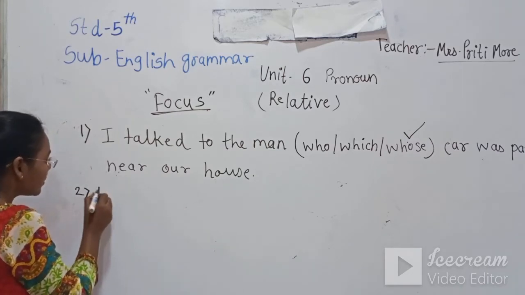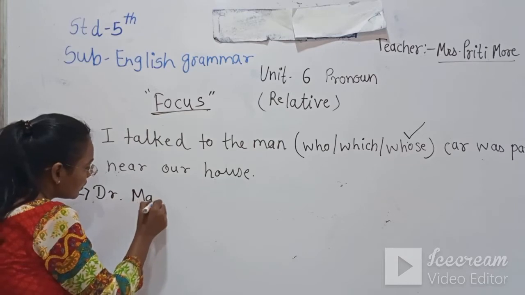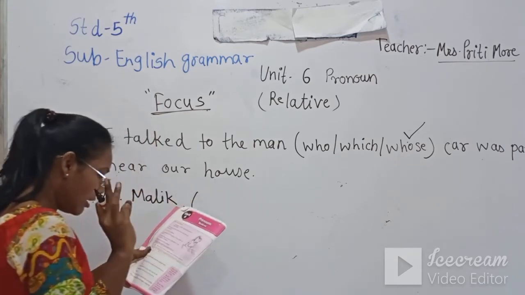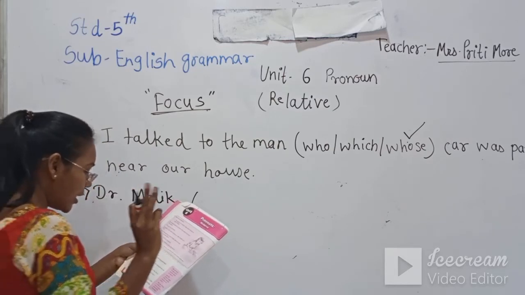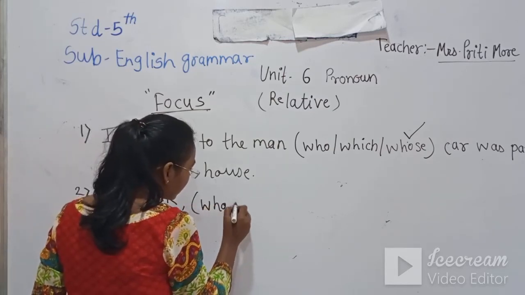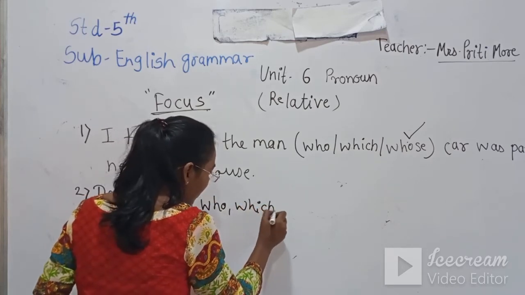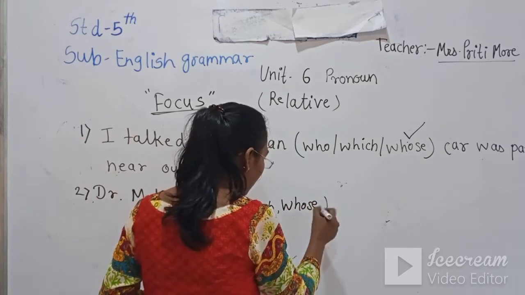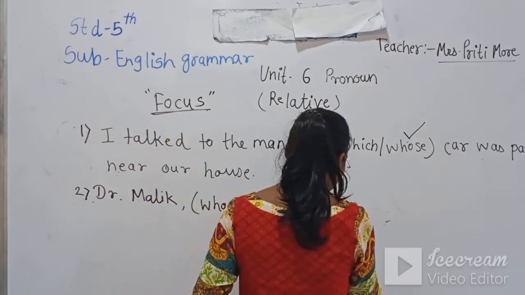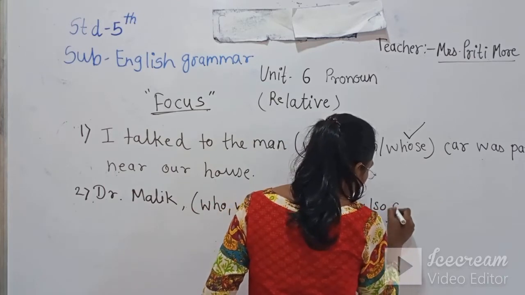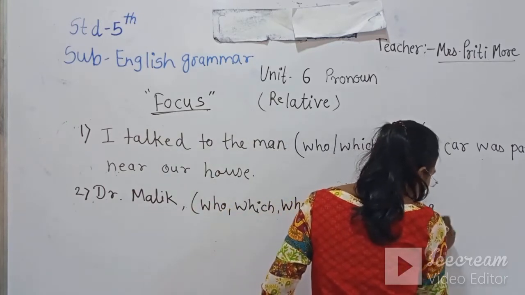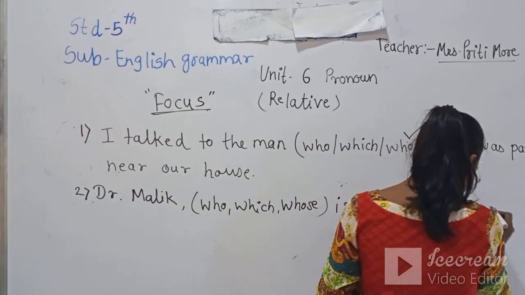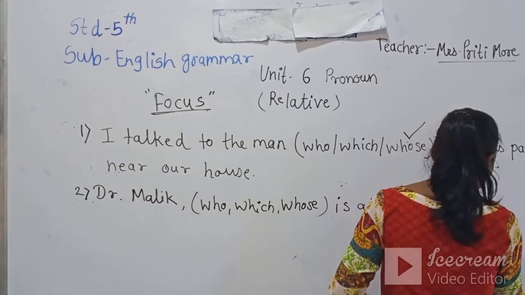Now, Dr. Malik. In brackets again three relative pronouns are there: who, which, and whose. Dr. Malik ___ is also a singer, lives next door.